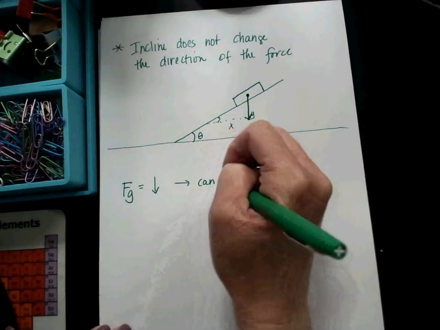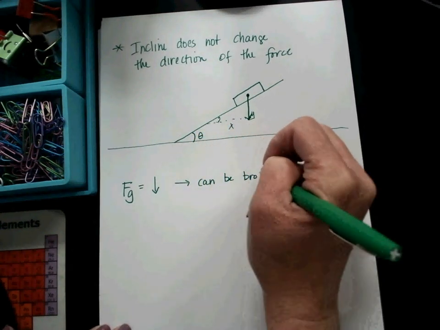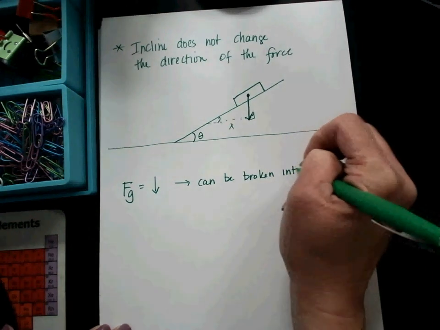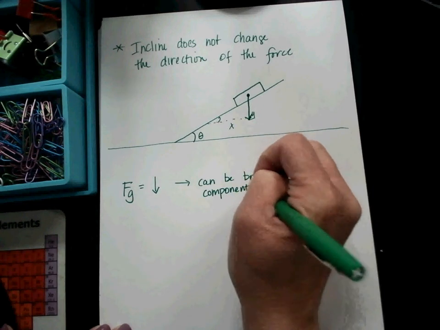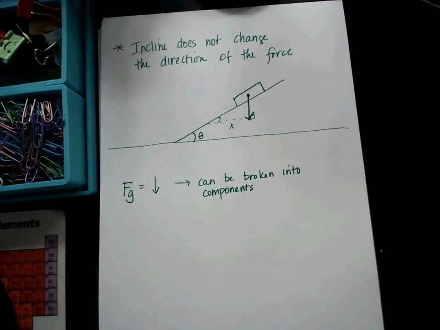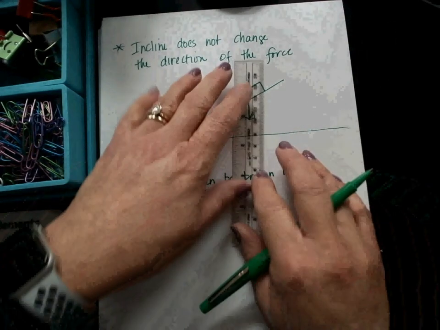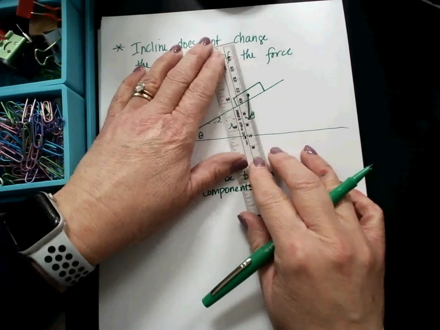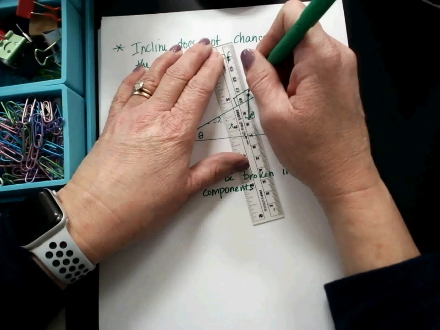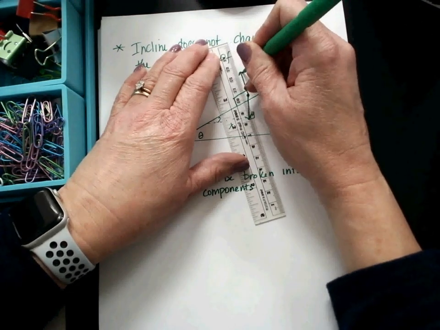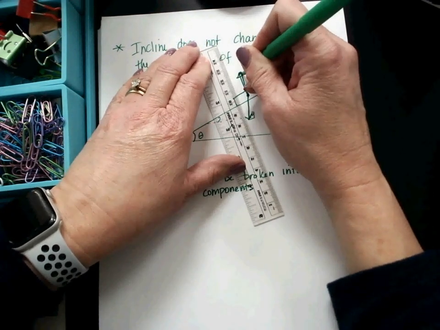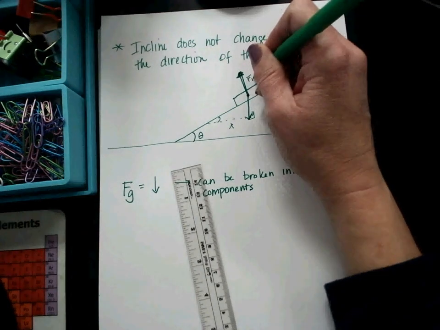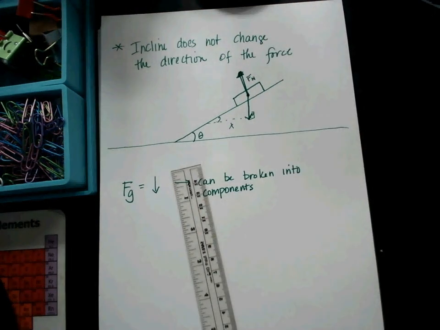So this FG can be broken into components when I'm dealing with an incline, mathematically. I also have to show my normal force, which is perpendicular, so I'm just going to eyeball this. I'm going to be coming off there. That's not quite enough. I'll make it fatter. It's a fat arrow. So there's my normal force.